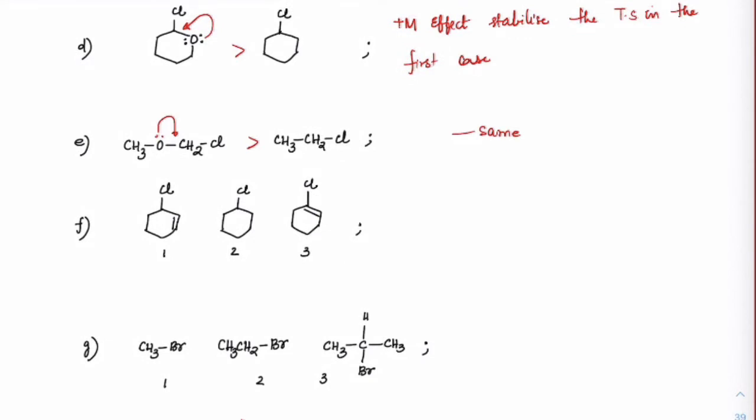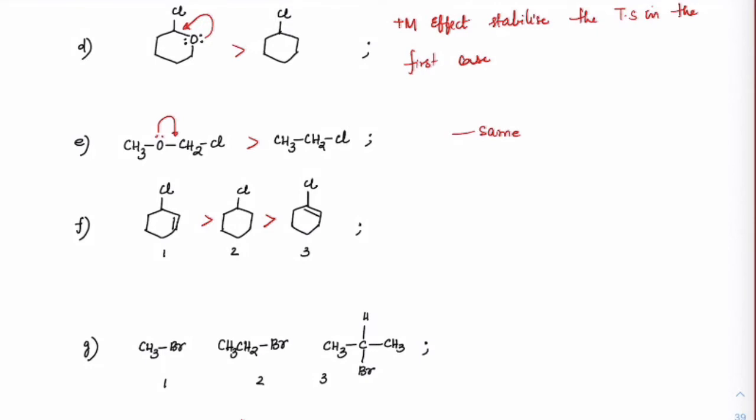Next order, here you can see the allylic position will always help to stabilize the carbon. So this way it will be the order, and you know that this is vinylic chlorine. Vinylic chlorine will not make any SN2 reaction, correct?